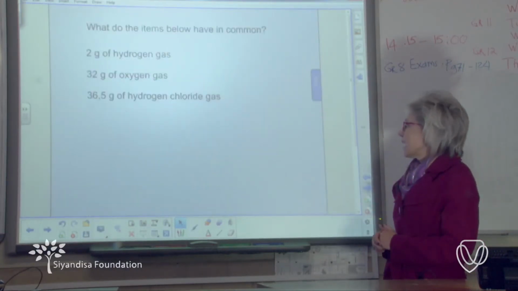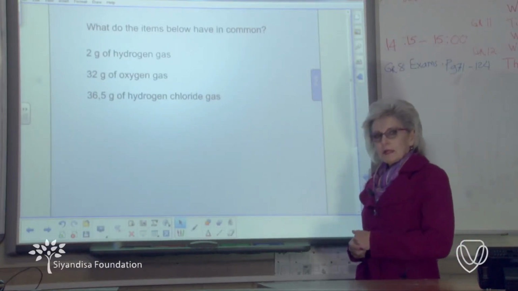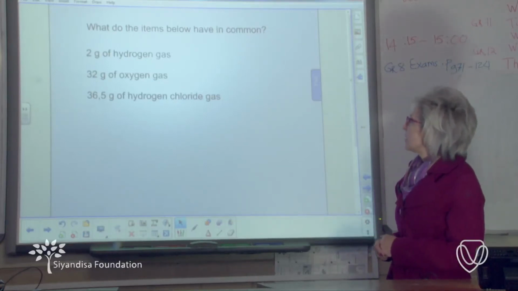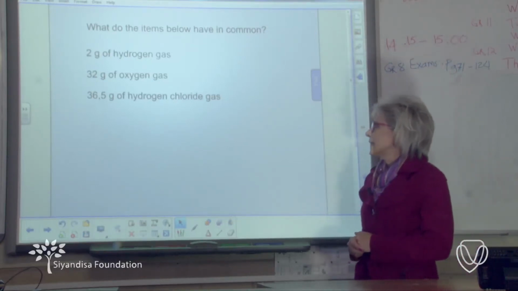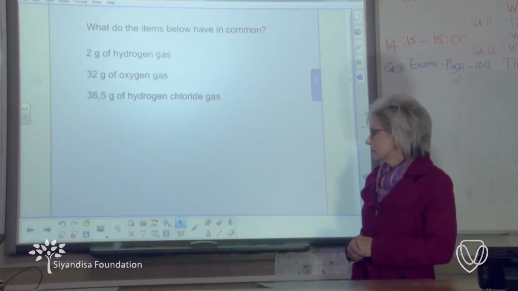Still, the quantity in grams representing a mole. Similar concept here, 2 grams of hydrogen gas. What do we know? The mass of hydrogen is 1 gram, so why 2 grams? Because hydrogen is diatomic.